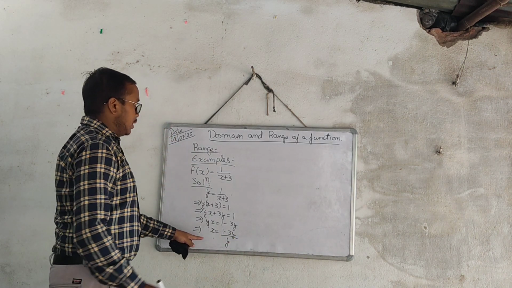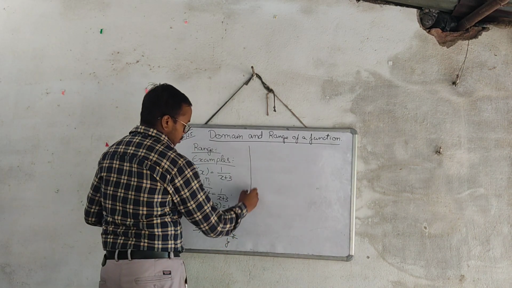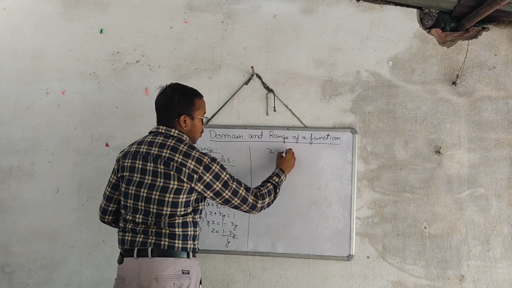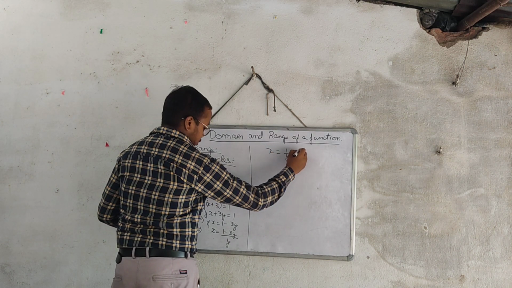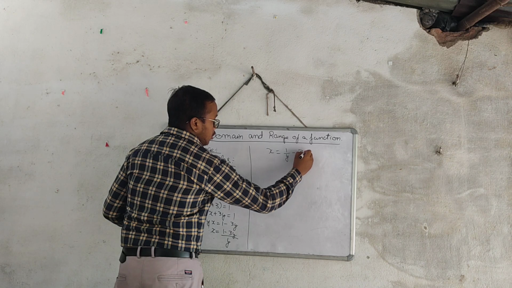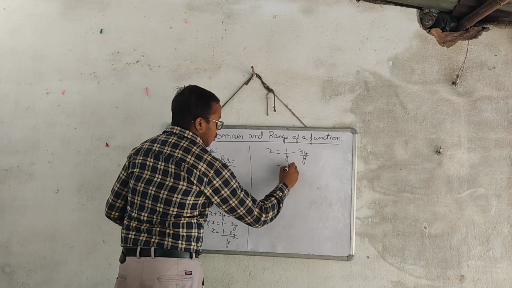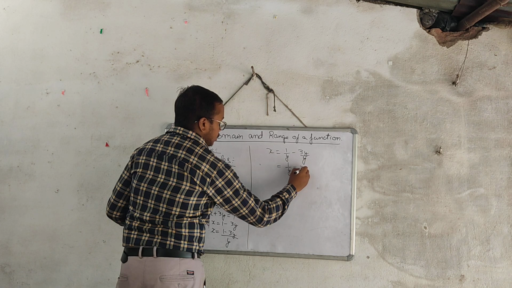On further simplification, we'll get x equal to 1 by y minus 3y by y, which is equal to 1 by y minus 3.